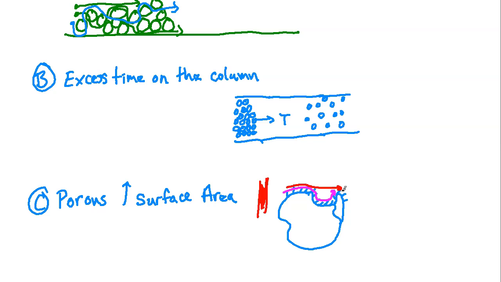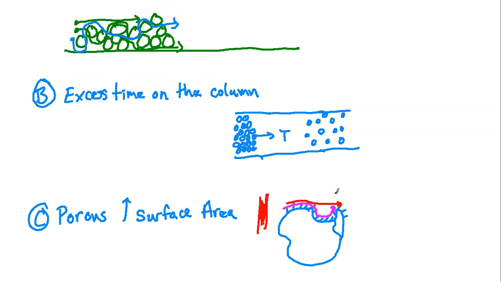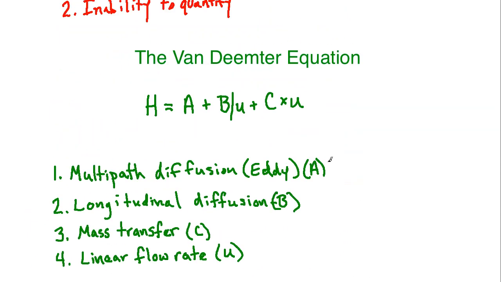And so to wrap up, as we're talking about this before we get to minimizing it, what you can see here is the flow rate now multiplied with the mass transfer factor. And that is because if you take a very short amount of time, this number is going to be low.